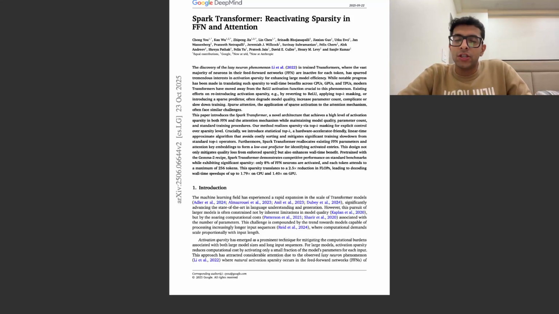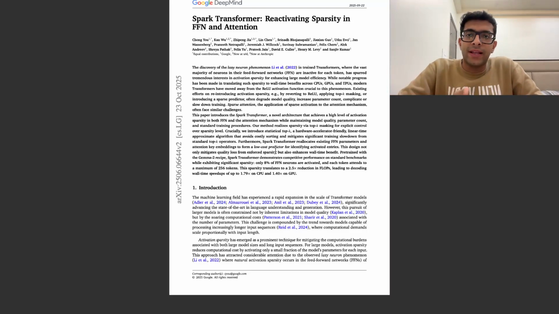But the main issue with top k itself is the sorting that is required of the neurons and the attention and the weights first. That sorting leads to a lot of latency and much higher complexity.